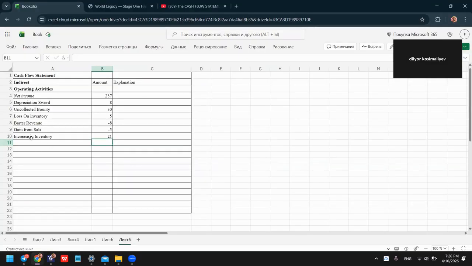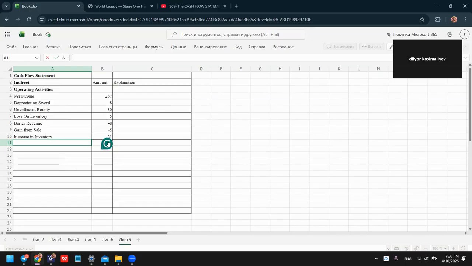Here we have increase in inventory. So what we do with inventory is we deduct the total inventory because in the income statement it was added as earned increase in inventory.